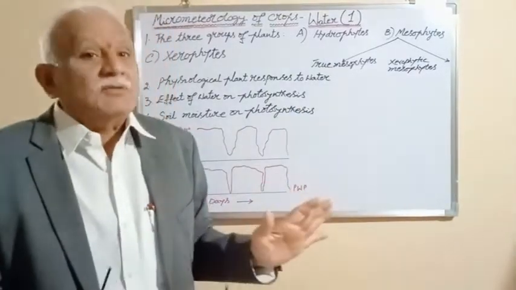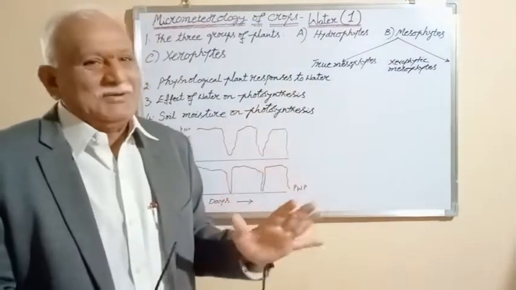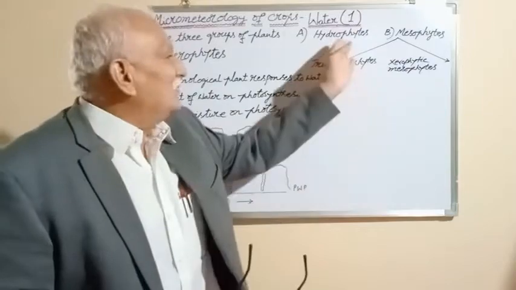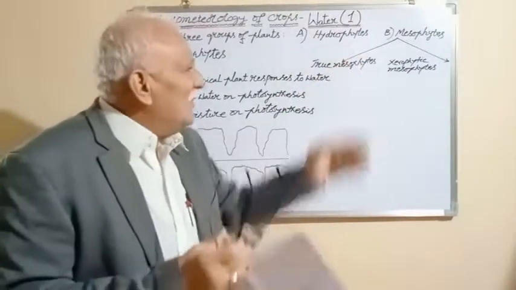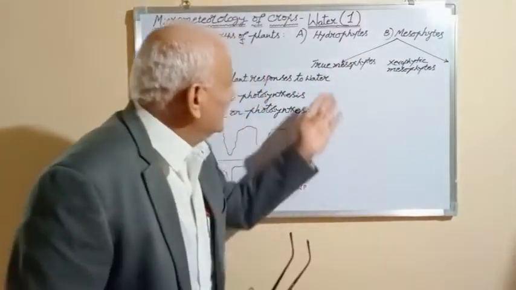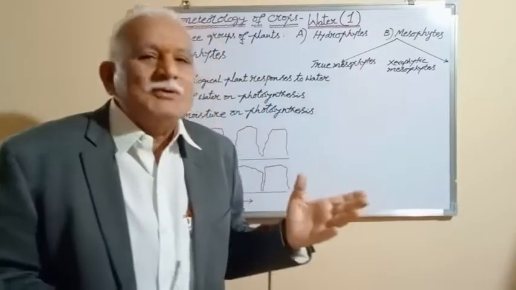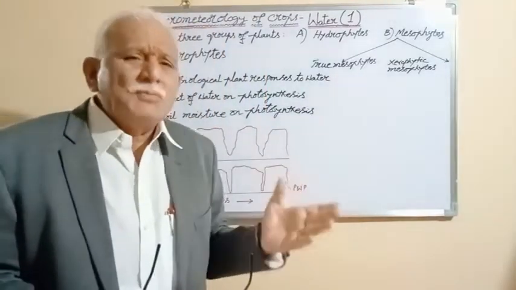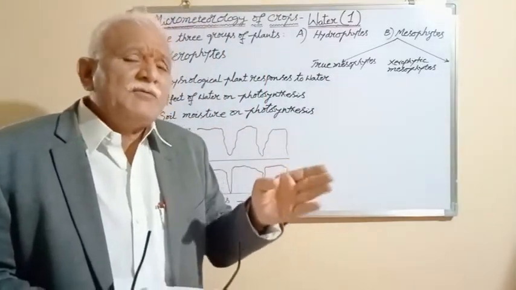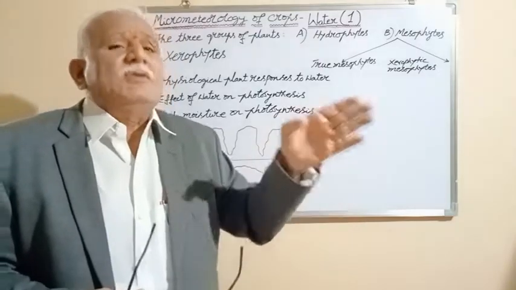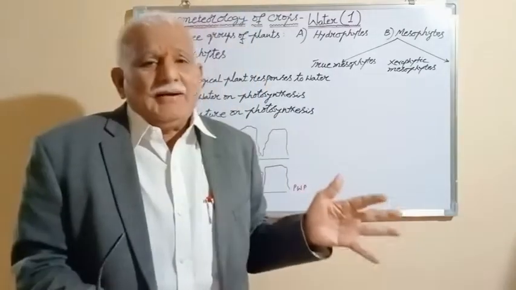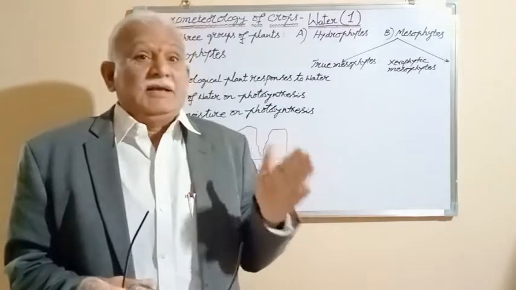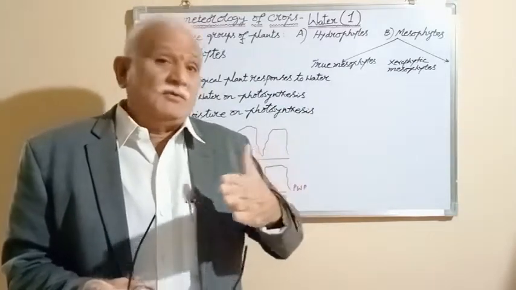What are the hydrophytes? For example, as far as crops are concerned, in agricultural meteorology, rice is the crop which comes under the hydrophytes. So what is Mesophytes? True Mesophytes are those plants that, up to 25% depletion of the water in the plant, can survive. They can do the physiological process.